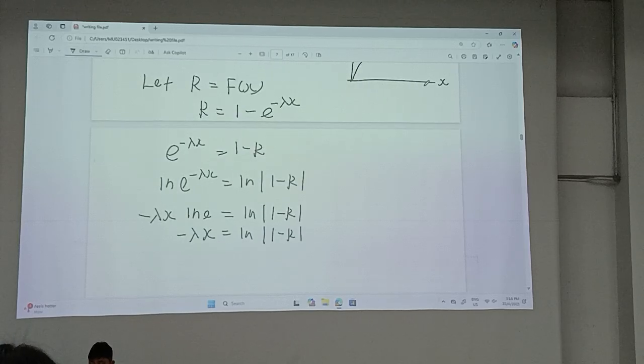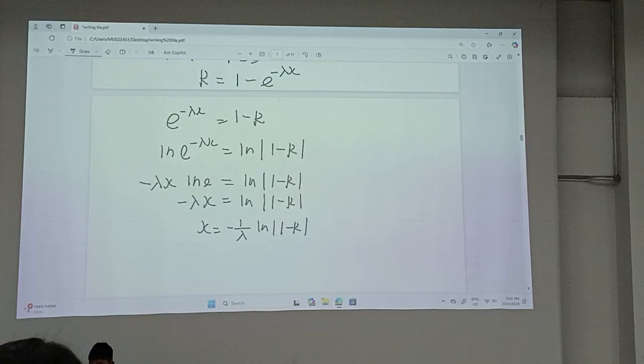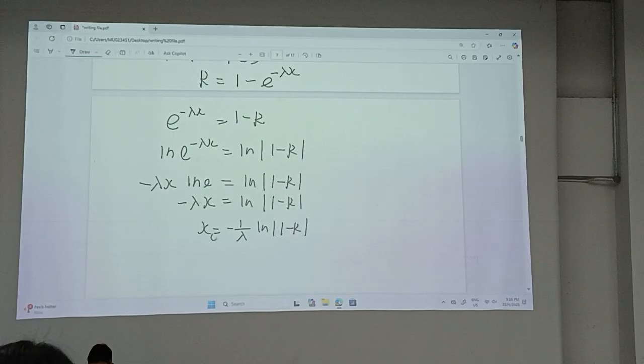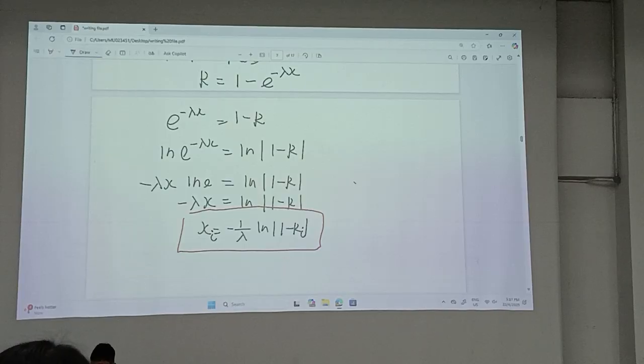In order to get x, we transfer negative lambda to the other side. Now we want to generate a series of random numbers, so we put in i for the iterations. This is the algorithm for us to generate a series of random numbers.